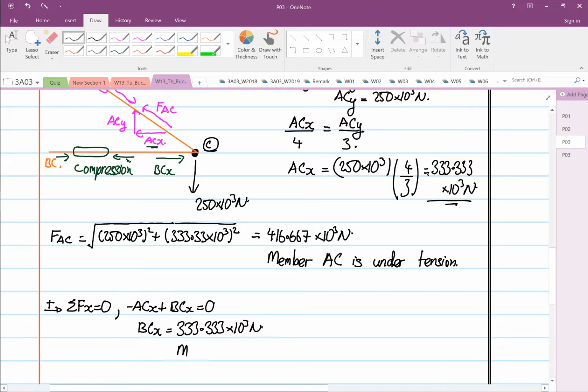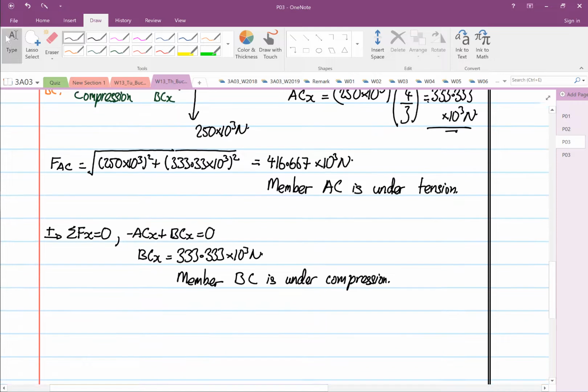And we also know that member BC is under compression. So when it's under compression, there's a possibility of BC failing in buckling, so we must perform buckling analysis.